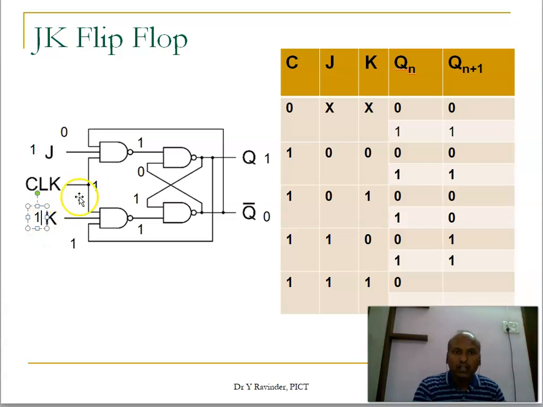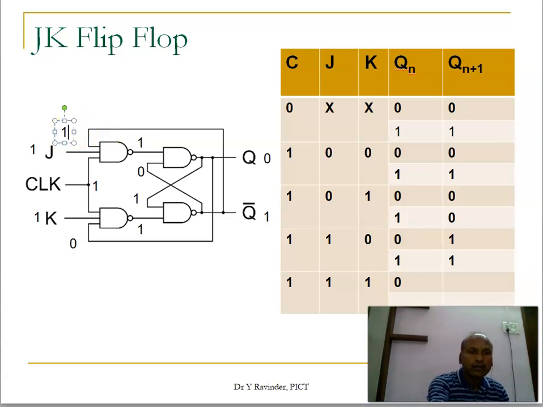Now this is 1, this is 1. Previously it was 0. This is 0. This is 1. So this 0 will go here, 0 will go here. This one will go here. So what I'm trying to say, J is 1, K is 1, clock is 1.